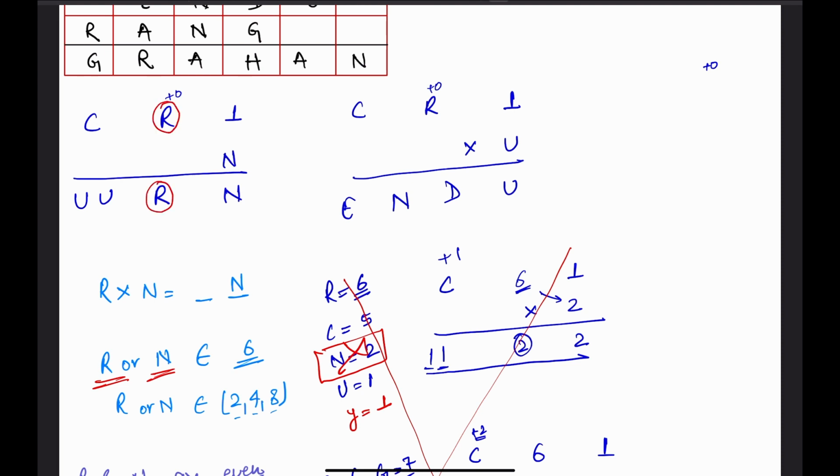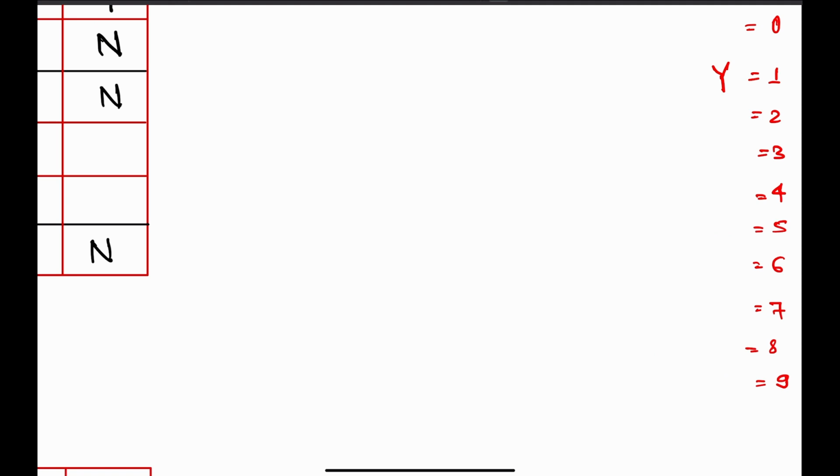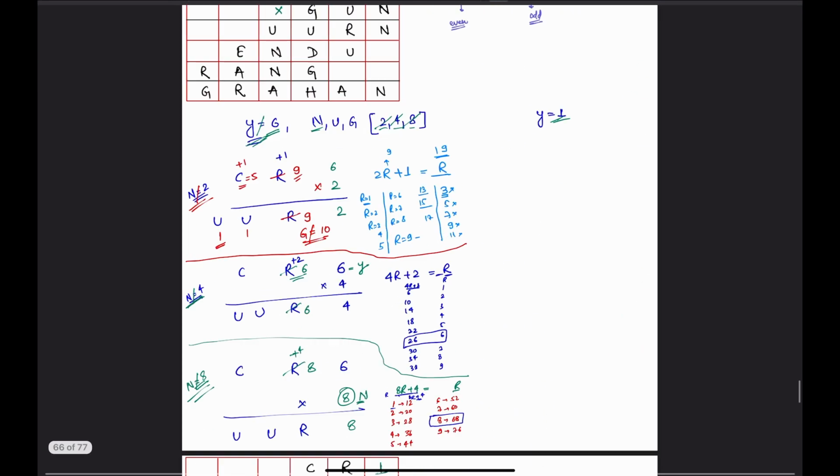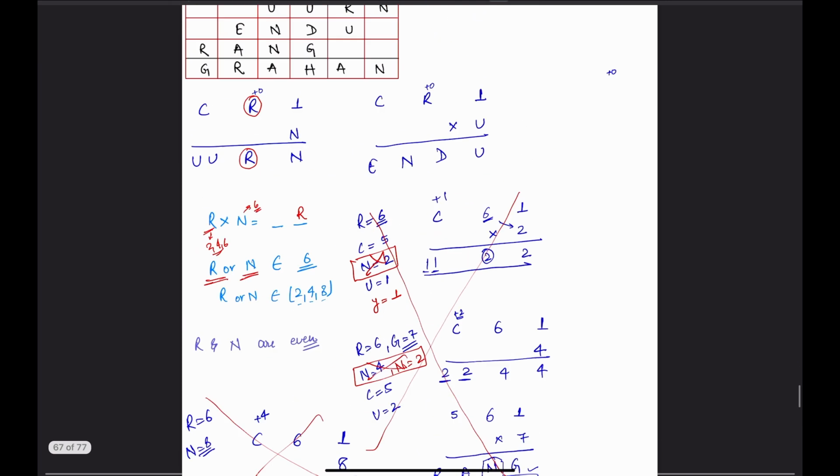My r, not n, there is one more mistake, r into 1. I want my r to be replicated. So r is only 2 4 6 possible. My n will be 6. Okay, I made blunders. So my n will be 6. My n is 6. I still need a lot of time to, okay, I won't remove these mistakes.